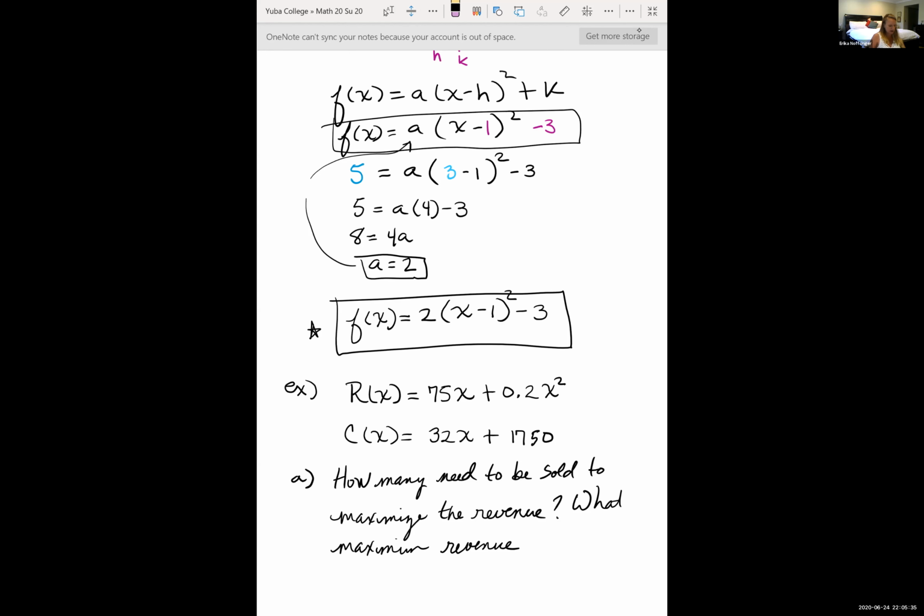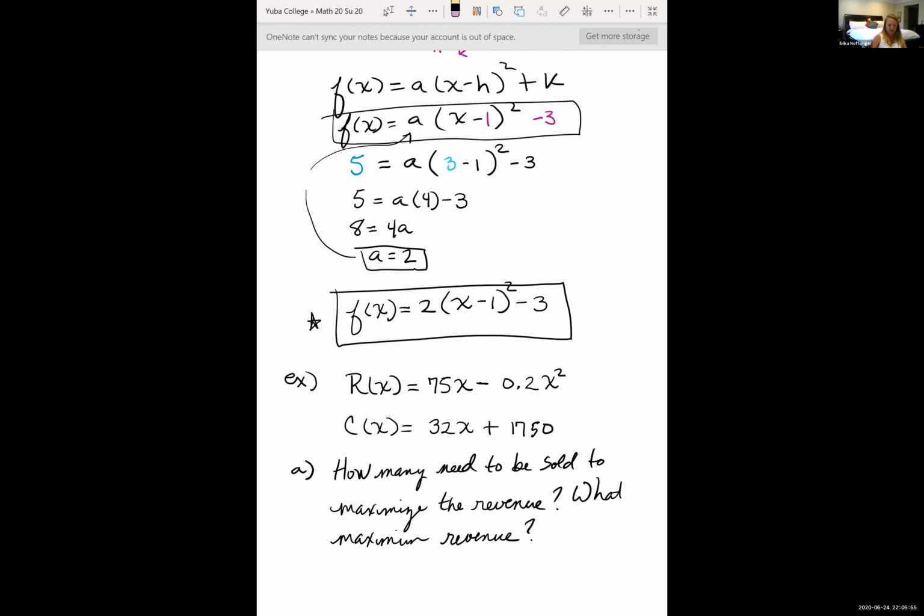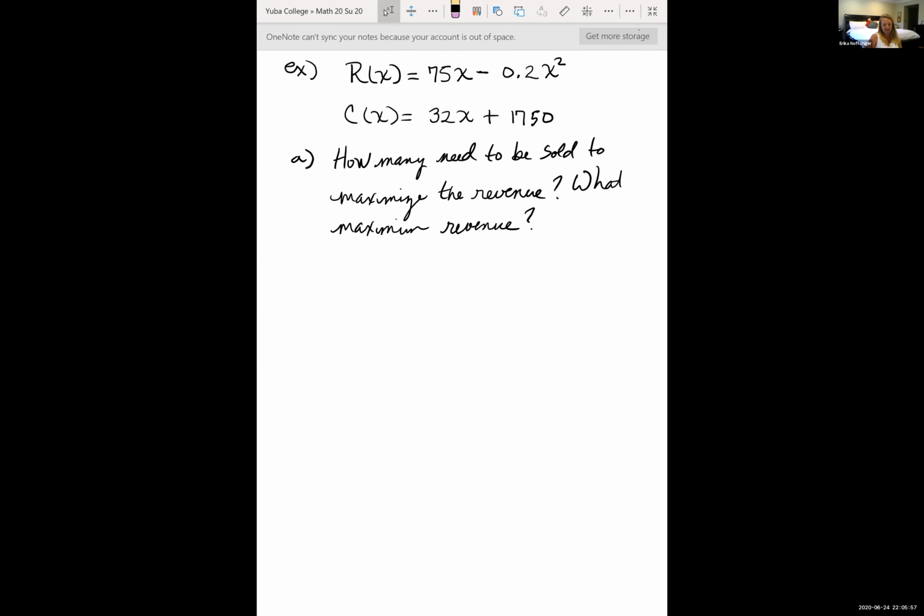Okay, so I noticed I did write that first equation down wrong. That first equation should have been R of x equals 75x minus 0.2x squared. So it's wanting us to maximize that revenue.